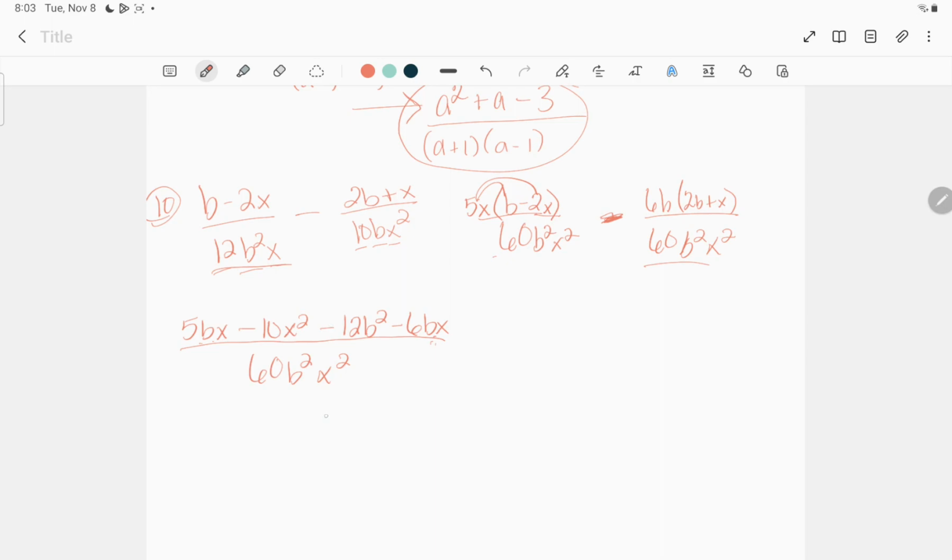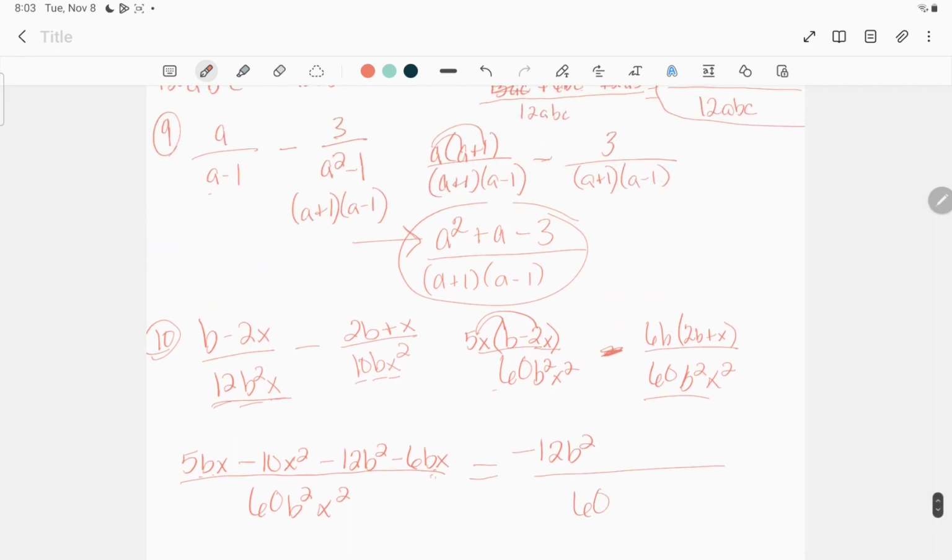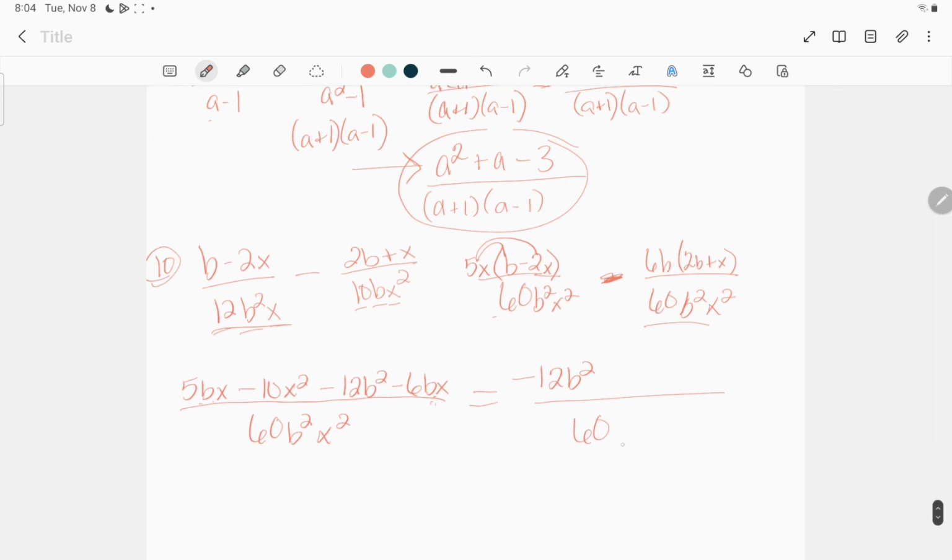So those are the only ones that I'm going to add or subtract together. And as I'm rewriting this, I'm going to go ahead and put my 12b squared over in the front. So negative 12b squared, because that's where it belongs. First letter of the alphabet, or it's first in this case.